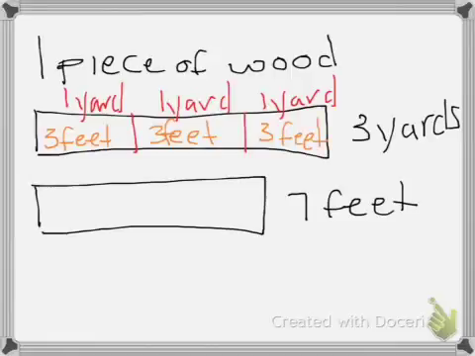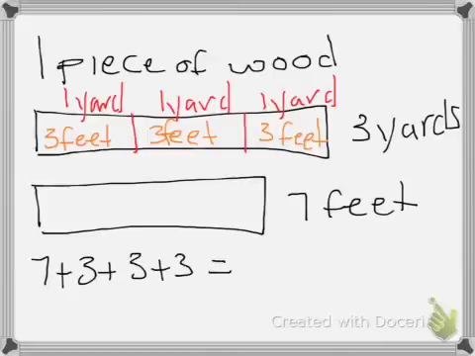Now I can either add them all together like this. 7 plus 3 plus 3 plus 3 equals: 7 plus 3 is 10, plus 3 more is 13, plus 3 is 16 feet. Or I can write an equation.